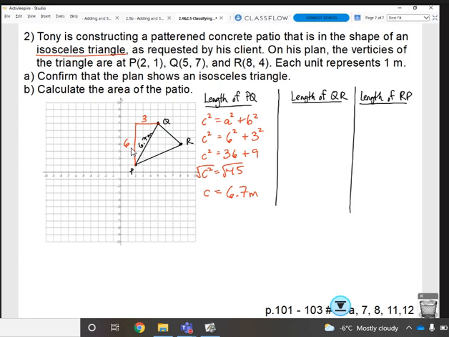Okay, QR, not the code, the line segment. We got 1, 2, 3 by 3. C squared equals A squared plus B squared. C squared equals essentially 9 plus 9, which is 18.